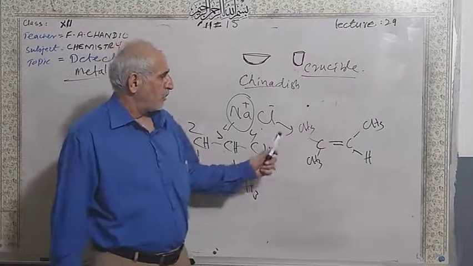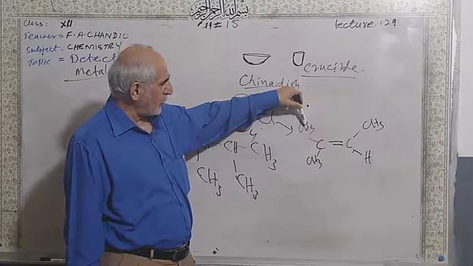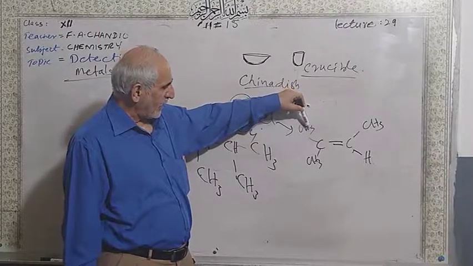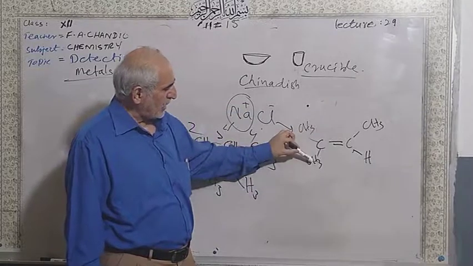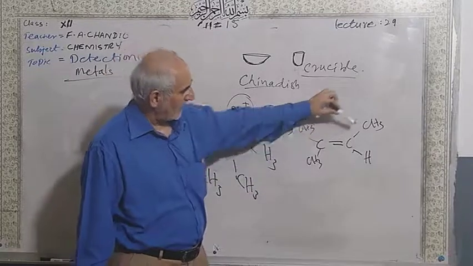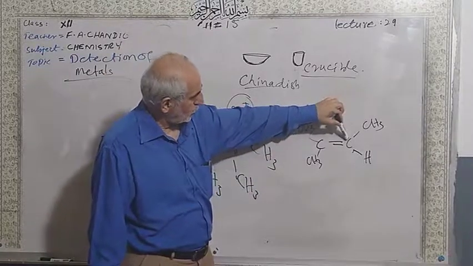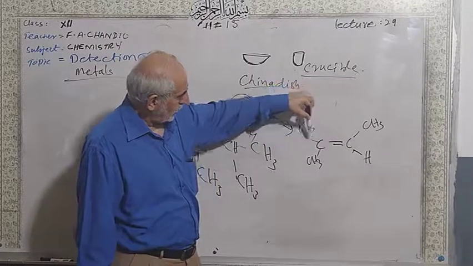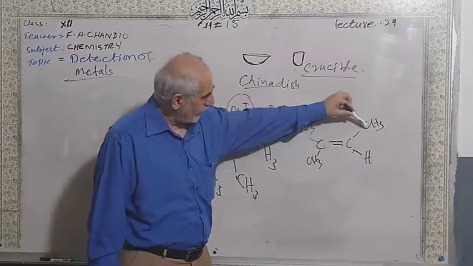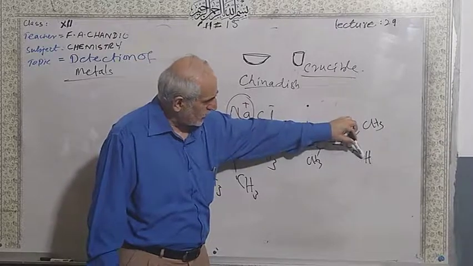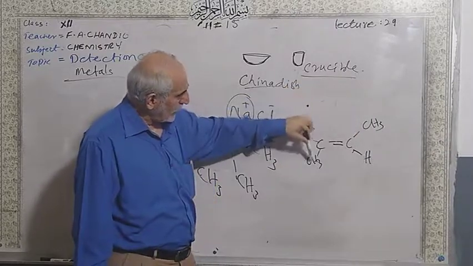The rule is that you start from the side where the double bond is near, and if there is a branch, then you have to start from that side. 1, 2, double bond at second. But here hydrogen only satisfies at 1, 2, and there is a branch.